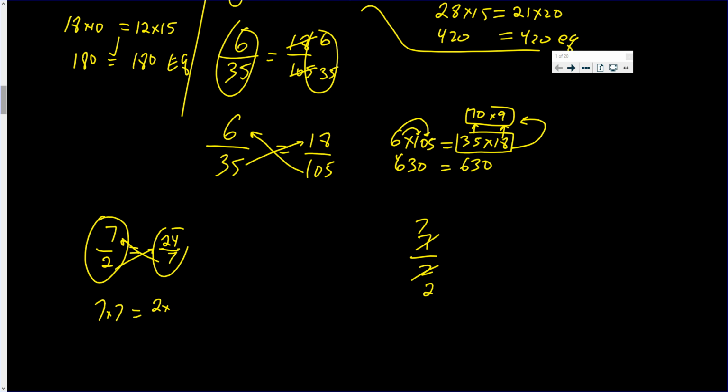Okay. This turns out to be 49. This turns out to be 48. They're pretty close, but they're not equal. So the original two were not equal. Equivalent or not, this one's not equivalent.